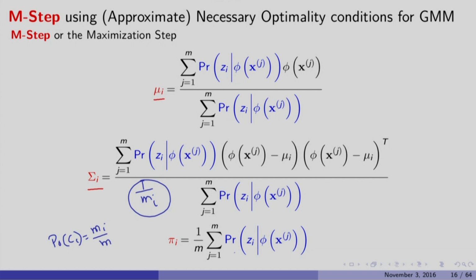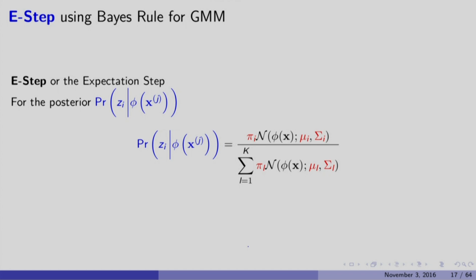Now what we have is the membership of every point to the ith class being accounted for. The E step is basically use of the Bayes rule. It corresponds to what we substituted as a constant for that particular iteration, the membership of the jth point to the ith class. These in turn are obtained from the parameters from the previous iterate. So the pi I, the mu I and sigma I are from the previous iterate.